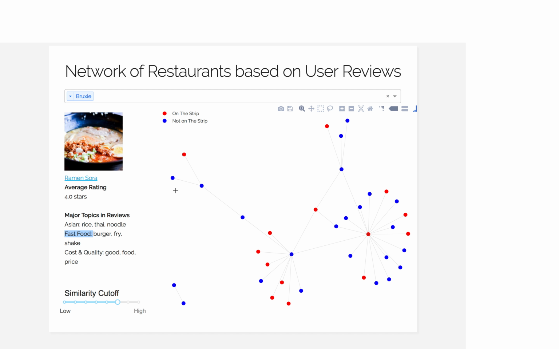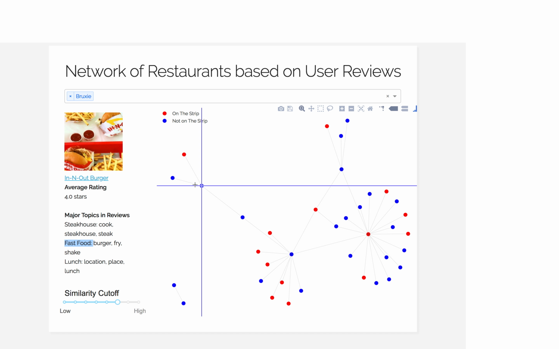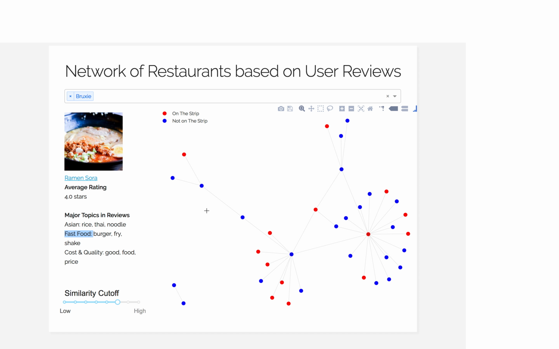Sometimes there are other things at play when people write reviews, like the location perhaps. Two restaurants may be geographically closer, and hence the reviews tend to mention the other restaurant. All these things come into play, and you can see for each restaurant what the major topics look like.